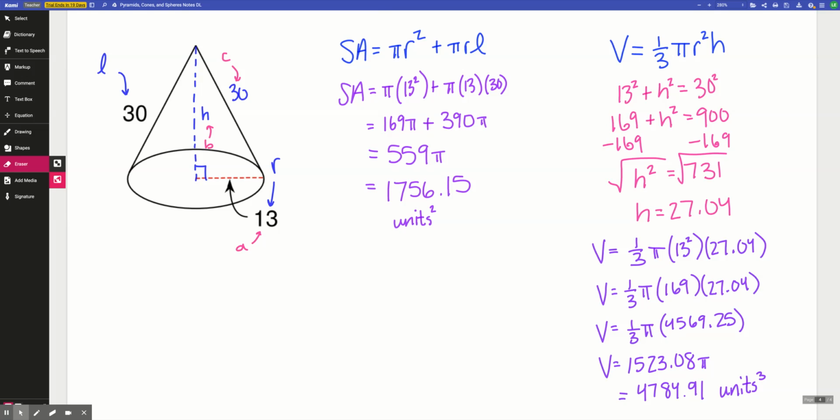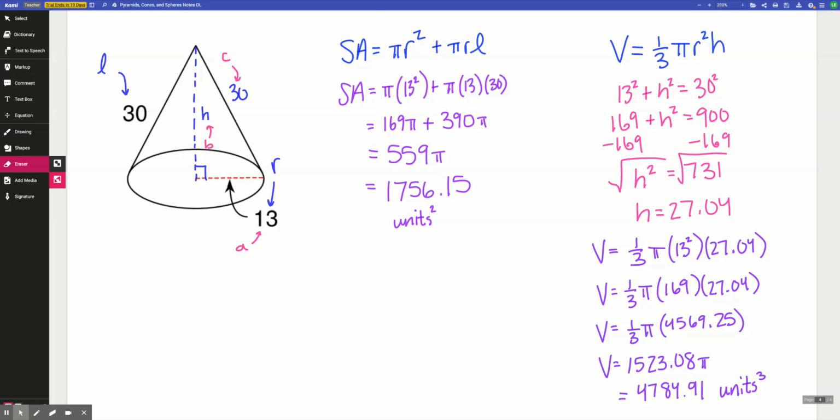Now, from this point on, if you rounded a little bit differently than me, like I kept the really long decimal for the height in my calculator in order to do the rest of my volume calculations. So if you rounded at 27.04 and used that number, or you rounded, say, to 27, or at a different point in the problem than I did, then you're going to get a slightly different answer than I did and slightly different numbers as you go through the rest of the volume formula.